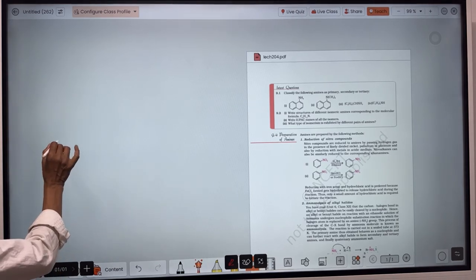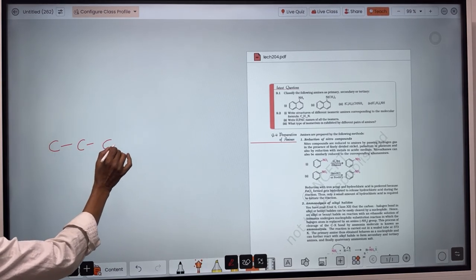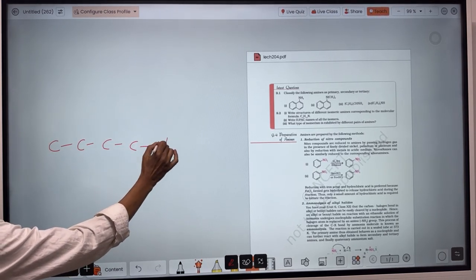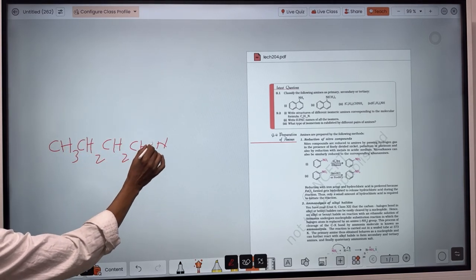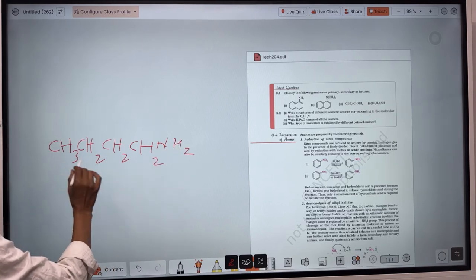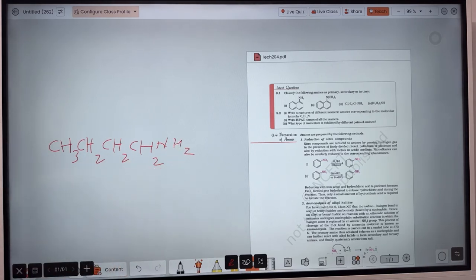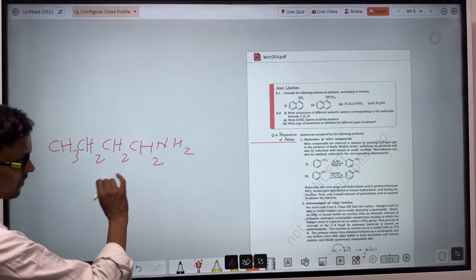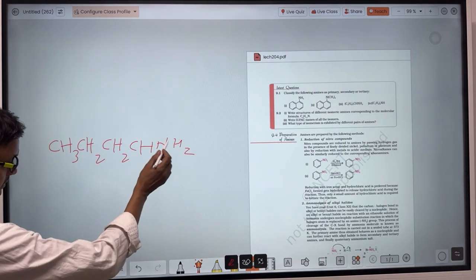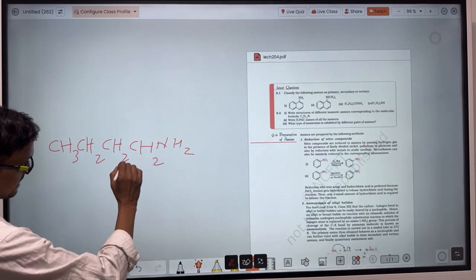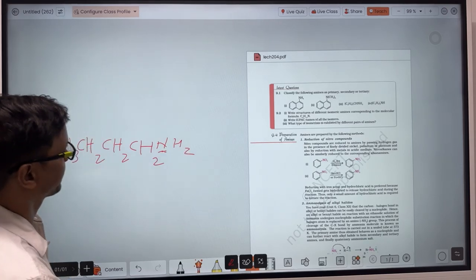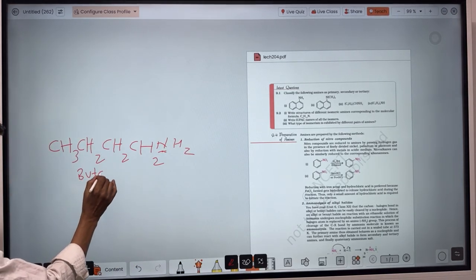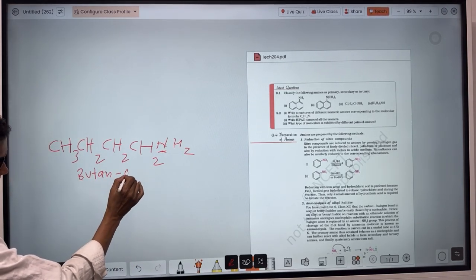One is that amine. So its IUPAC name is what? It is 1 degree amine, and here also 1 degree amine it is, and the IUPAC name is simple: butane, the E will be replaced by amine.